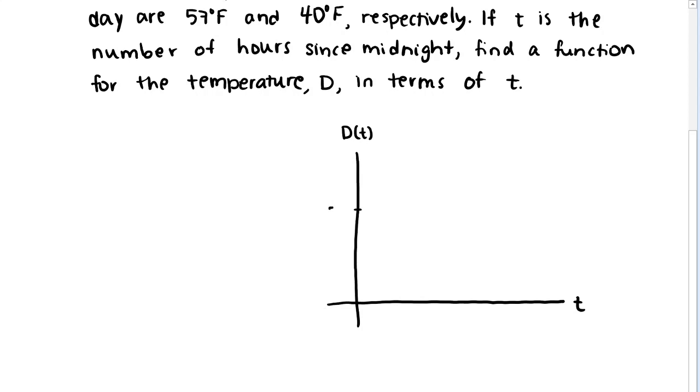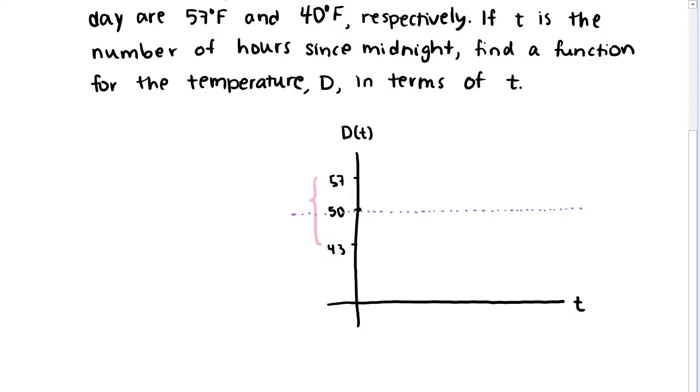Having 50 degrees to begin with, and knowing that we fall in this 7-degree interval away from 50 degrees, up to 57 and down to 43, that's telling us that our temperatures oscillate up and down around this 50-degree mark.